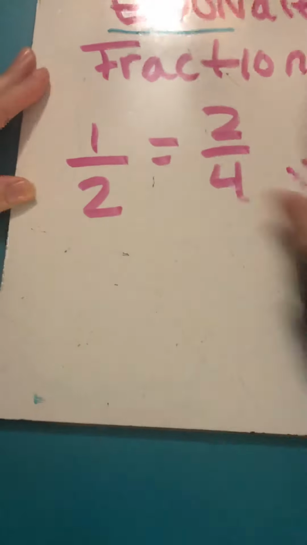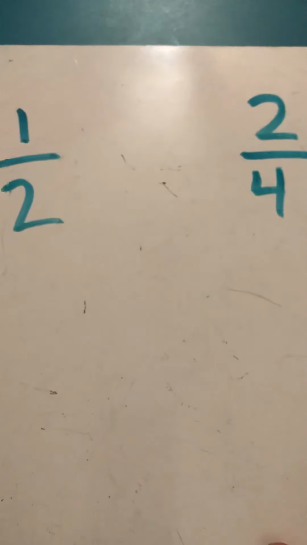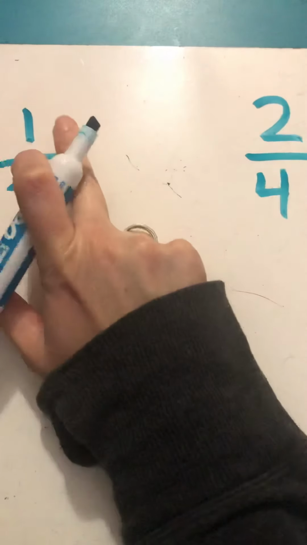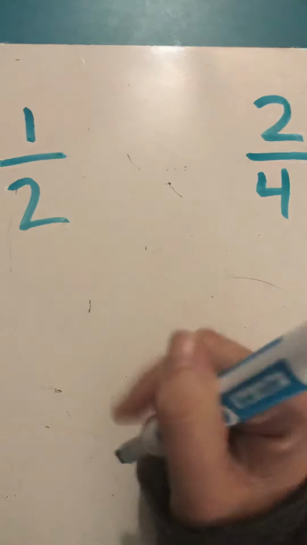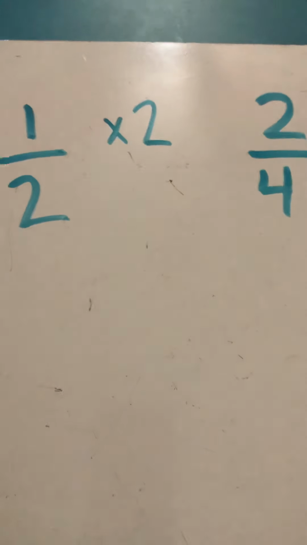Okay, so I'm going to erase this here. If I have my 1/2 here, and I'll put my 2/4 over here. Okay, and if we want to use multiplication to see if this is actually equivalent fractions, I'm going to look here. Okay, 1 times what equals 2? Well, I know that 1 times 2 equals 2.